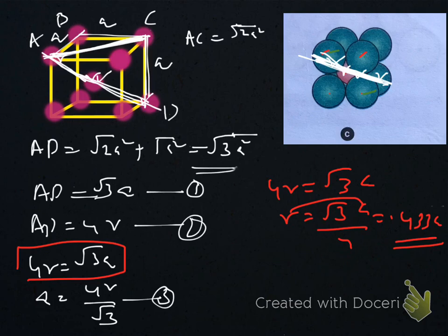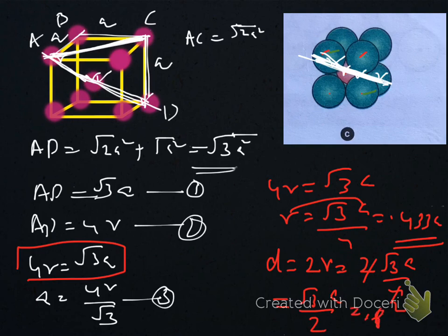Then nearest neighbor distance d is double of radius, that is 2 into root 3a by 4, then root 3a by 2, that is around 0.866a.